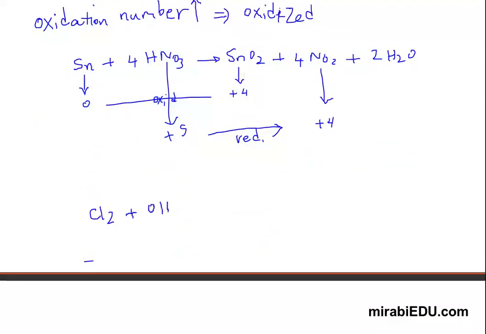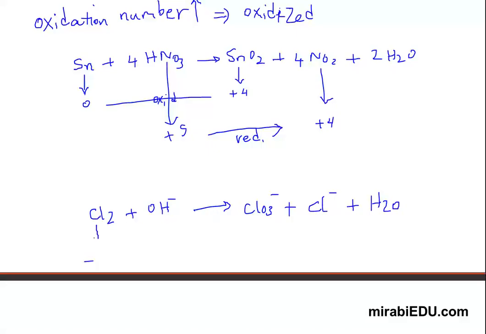Let's make this final example for this short video. Here we'll have chlorate as a product plus chloride ion plus water. Of course, this is an unbalanced reaction.